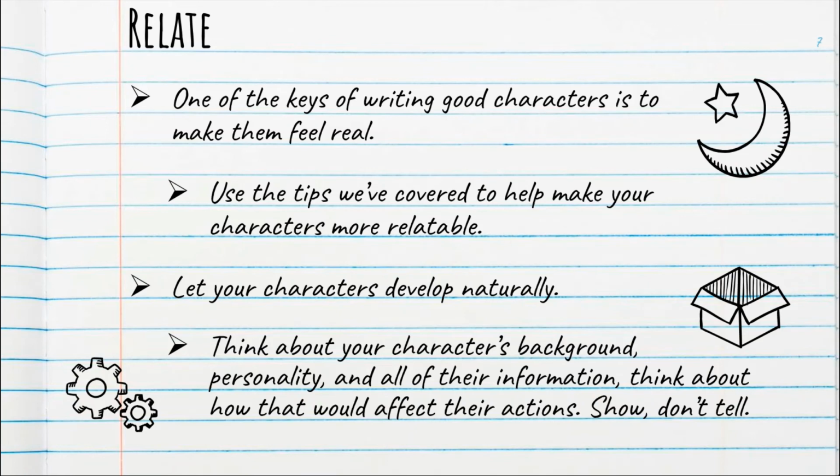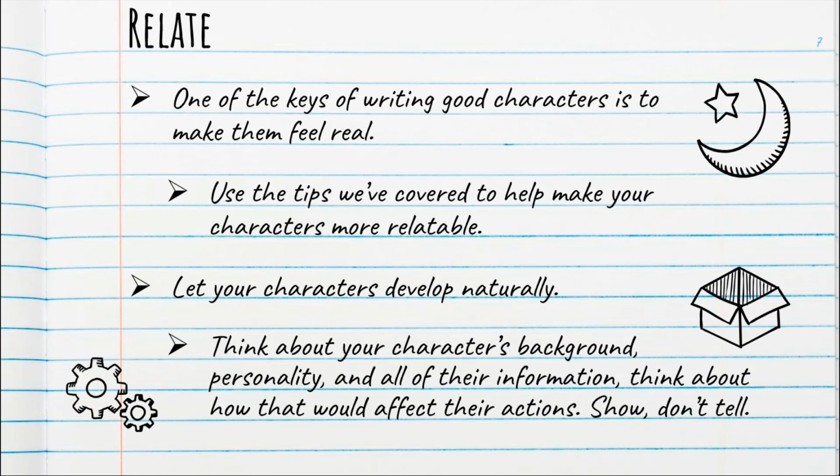Now, I said nervously in that sentence, but you would get the same point across even if I hadn't said that word. Because the actions are the actions of someone who is nervous. So keep that in mind as you're writing your characters. Don't just outright describe the way they're feeling. Show it through their actions.